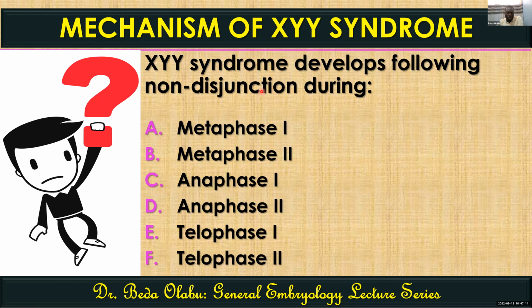Let me make your work simple. Is it anaphase 1 or anaphase 2? We've already agreed that the non-disjunction occurs at anaphase. So forget about A, B, E, and F. It is either anaphase 1 or anaphase 2. Okay, that makes your work easier, so you have 30 seconds again.